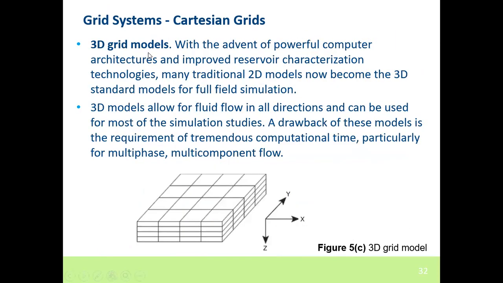Of course, with the advent of powerful computers, 3D grid models are the most preferred. They allow for evaluating flow in all three directions, and they are used for most studies. Of course, this requires much more computational time, particularly if you are looking at a multi-phase, multi-component flow system.